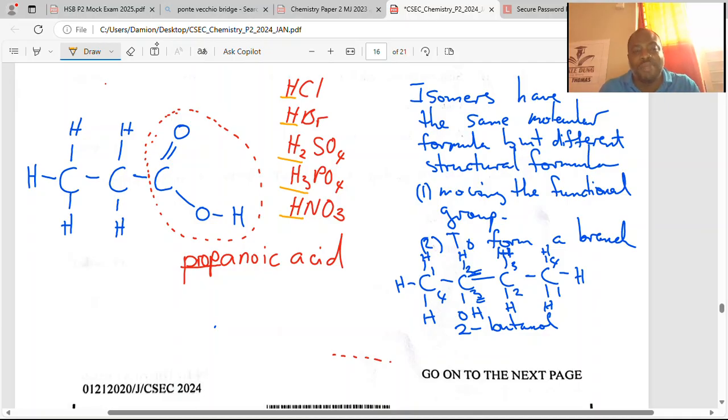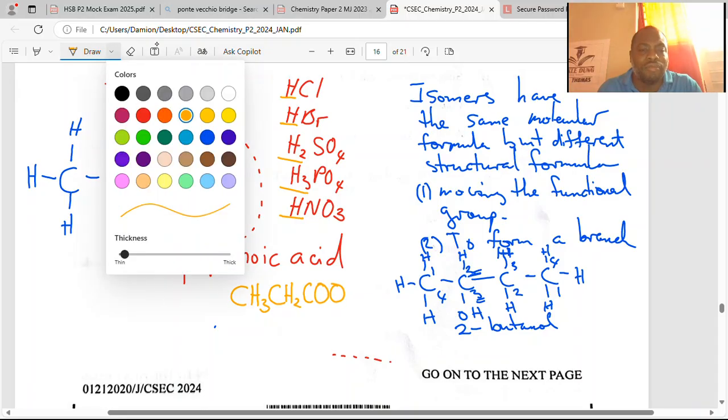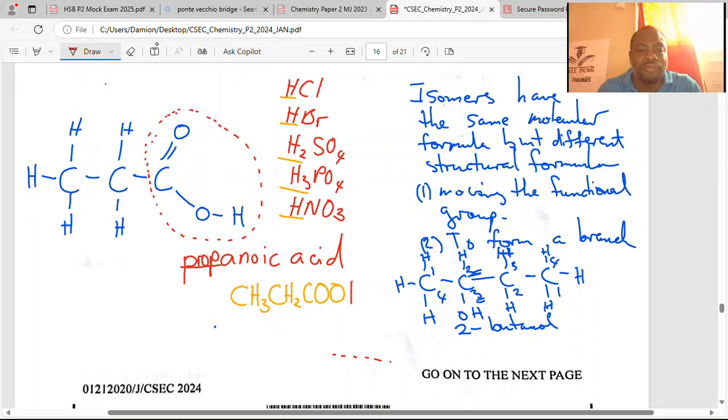But for this particular acid we have here, look where the hydrogen is.